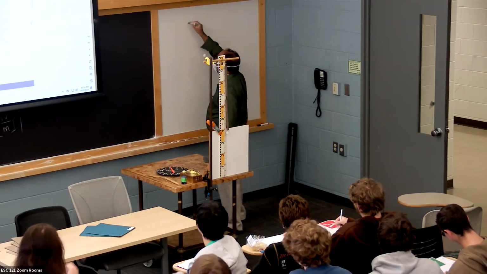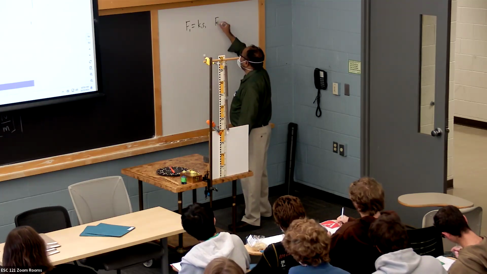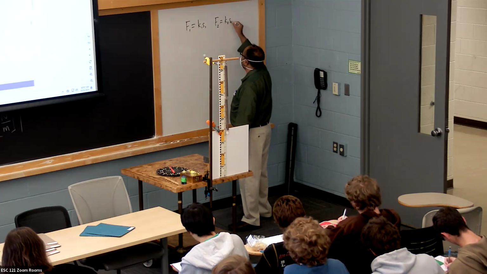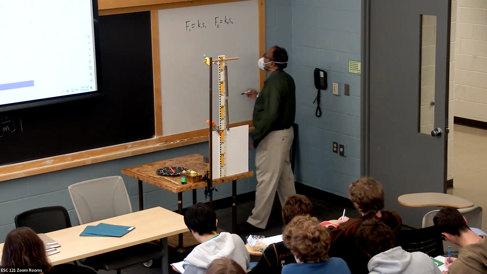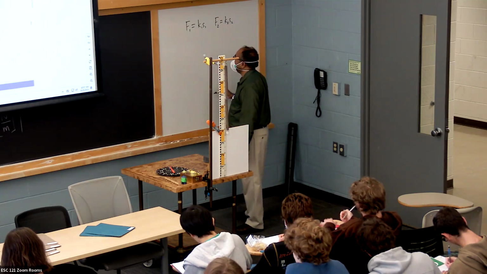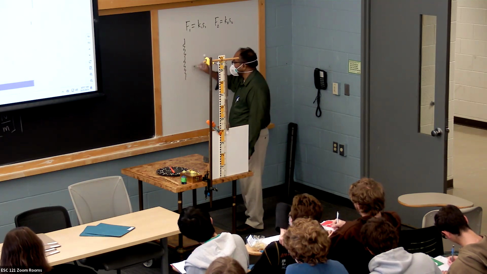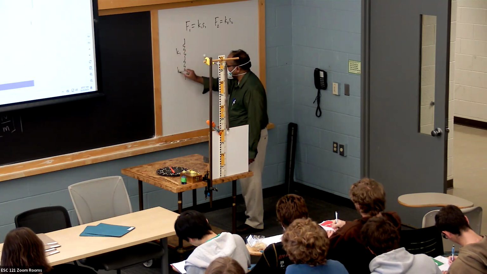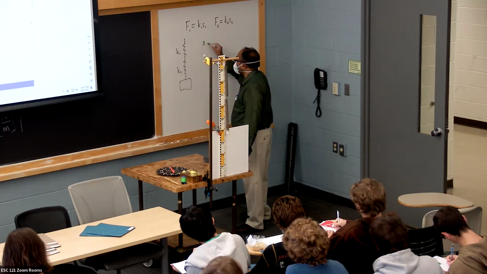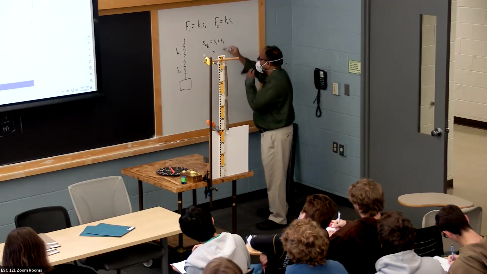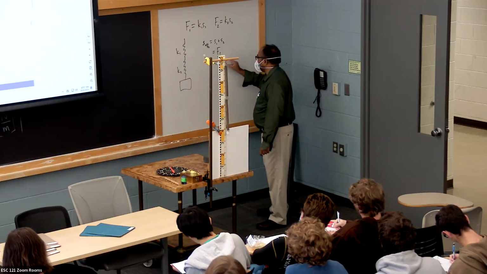Alright, so we would have F1 equals K1 S1. F2 equals K2 S2. And when we put them in series like this, we say that we're putting the springs in series, K1 and K2. Then what we know is that the S effective is going to be S1 plus S2. But that is going to be F1 over K1 plus F2 over K2.